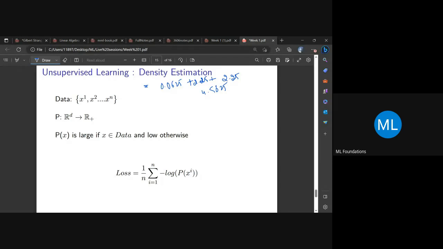All right. So this density estimation problem is not like a predictive model. It's more like a probabilistic model. In here we are not trying to predict.